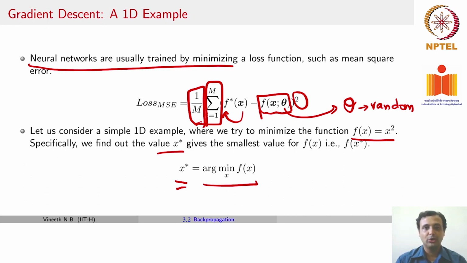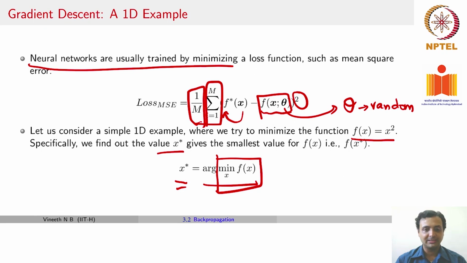Some of you are new to this. Min of f of x gives you the minimum value of f of x across all possible values that you can choose for x. Argmin is the value of x that gives you the minimum f of x. That's the difference between min and argmin. So x star is that x that gives you the minimum value of f of x.